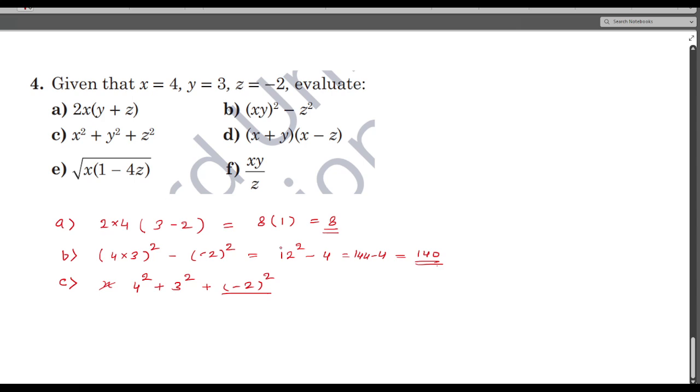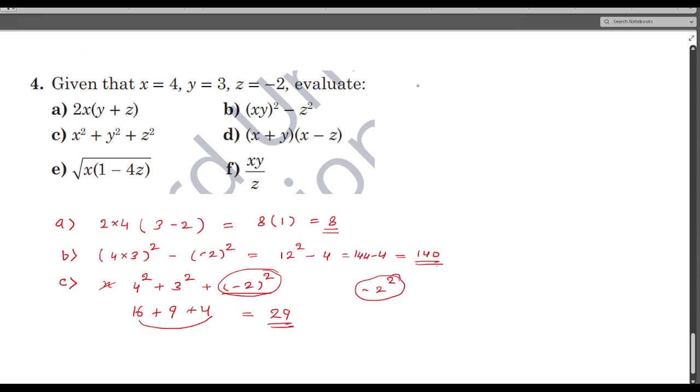When you simply write minus 2 square, it means 2 square becomes 4 and the result is minus 4, whereas with the bracket, minus 2 square is plus 4. So this is 4 square, which is 16. This is 3 square, which is 9. This is minus 2 square, which is plus 4. 16 plus 4 is 20, plus 9 is 29. So 29 is your result.